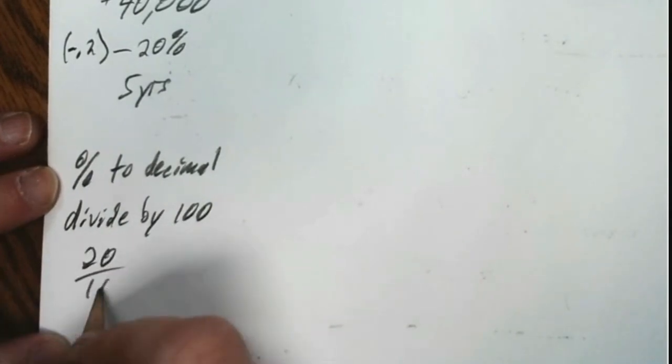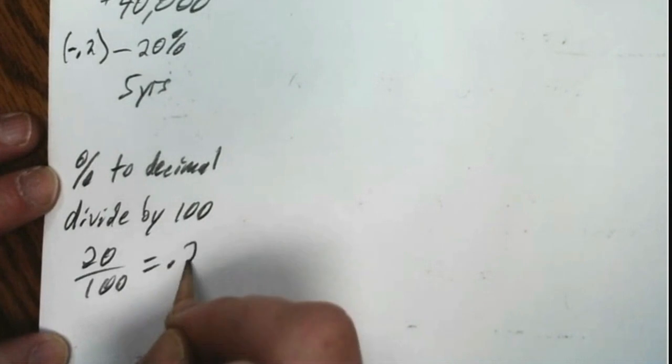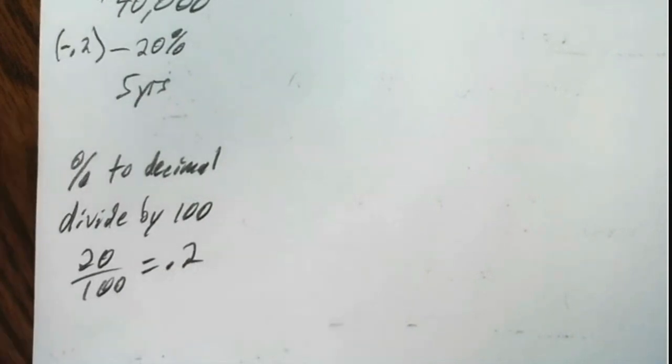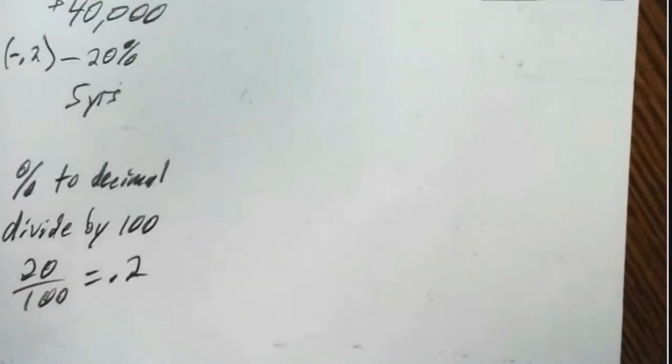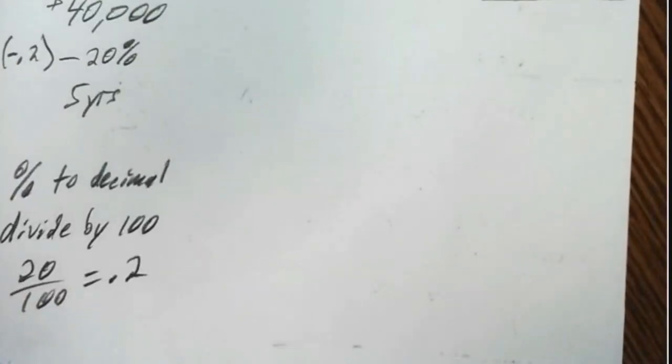So 20% divided by 100 is 0.2. So that's how you convert percent to decimal. You might have that in your notes if you're not comfortable doing that. But let's go back to this formula now and see what we got.